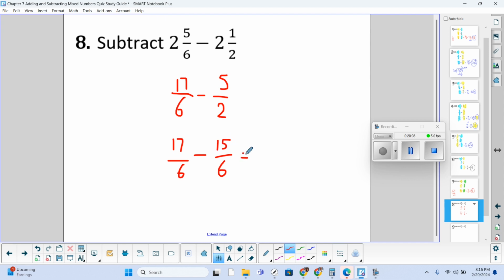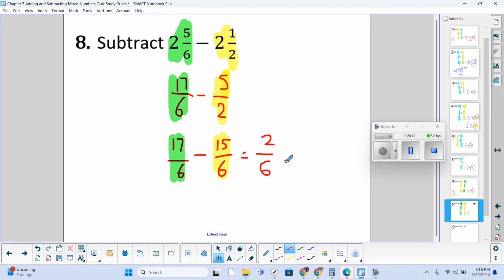Before I even subtract, I want to clear up this: 2 and 5/6 is equal to 17 over 6, which is clearly equal to itself, 17 over 6. And 2.5 is equal to 5 over 2, which is equal to 15 over 6. So now that we have these common denominators, subtracting should be very easy. 17 minus 15 is 2 over 6.